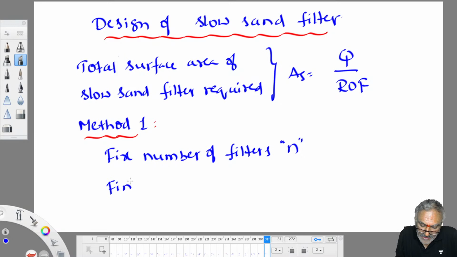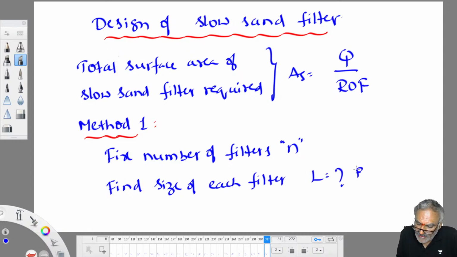Because one filter of that much surface area you can't provide, in this case you can have multiple numbers of filters. Find the size of each filter. Size of each filter means what? Finding length and width of the filter. So how can you do it?